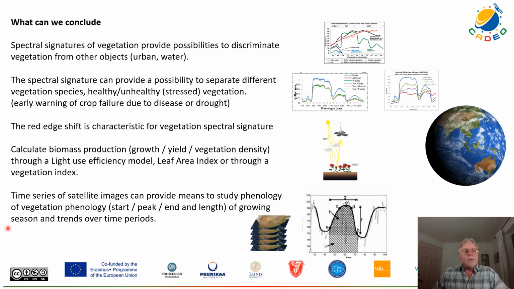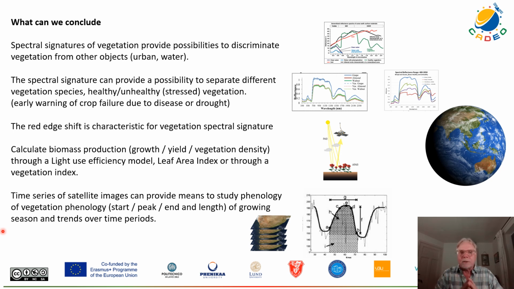We can also use time series of satellite images that will provide possibilities to study phenology and see if changes are occurring in the start of the vegetation phenology. For instance, is climate change causing the start of the vegetation phenology to be earlier or later? And when does the peak occur?